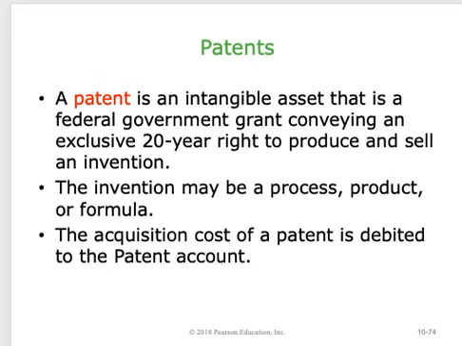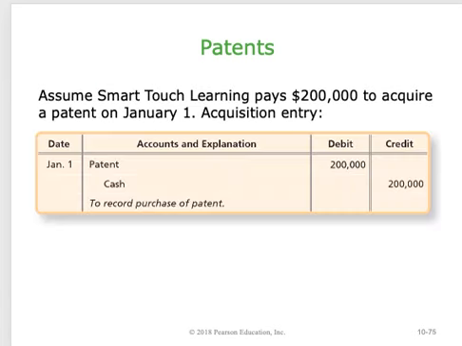All right, so let's look at patents first. It's an intangible asset, a 20-year right to produce or sell an invention. And remember, it could be a process, a product, or a formula. You would debit the acquisition cost of the patent into the patent account if you were to purchase the patent.